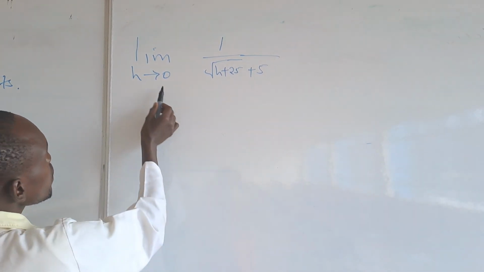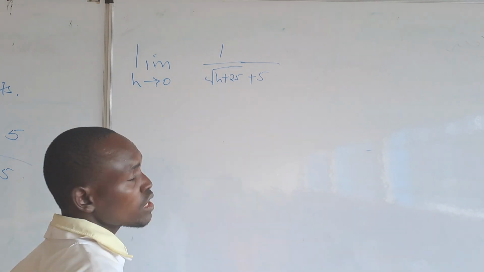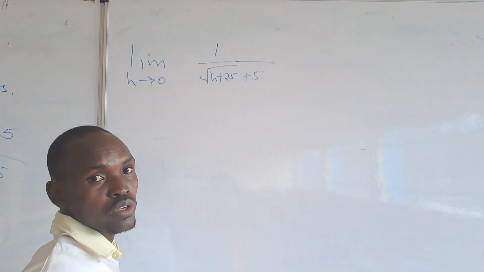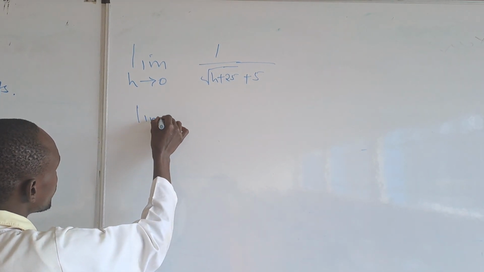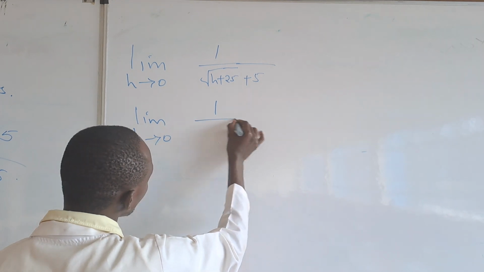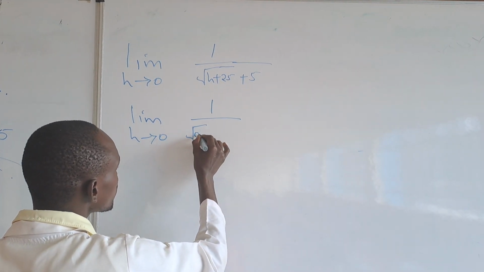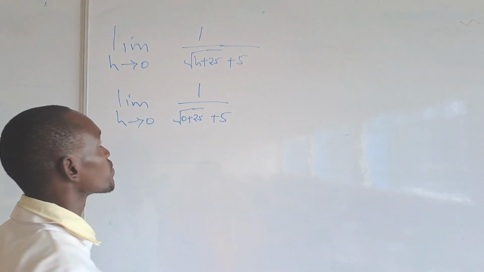Now, if we introduce h equals 0 into the equation, we realize that it will not affect the function. So, direct substitution applies. That will be limit as h tends to 0 of 1 over square root of 0 plus 25 plus 5.